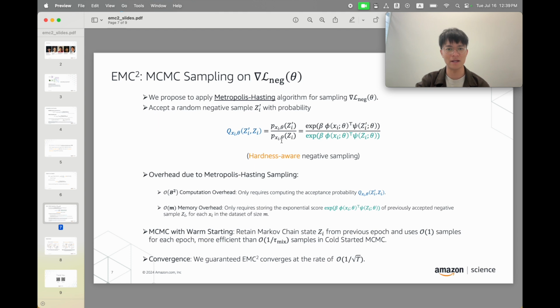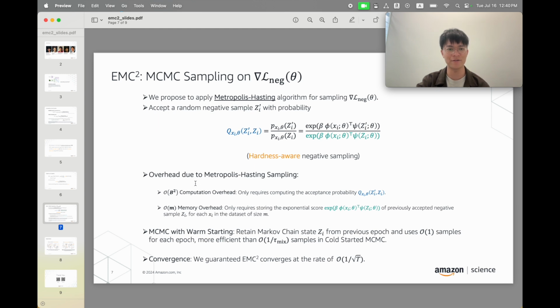And in the algorithm, we need to store the previous negative samples, which we also call the Markov chain state. Such an acceptance-rejection procedure is similar to what other papers have been doing, called hardness-aware negative sampling, because the more similar our new negative sample is, the higher the chance that it will be accepted as our new negative sample.